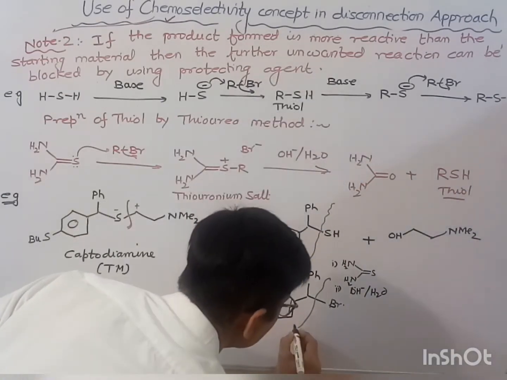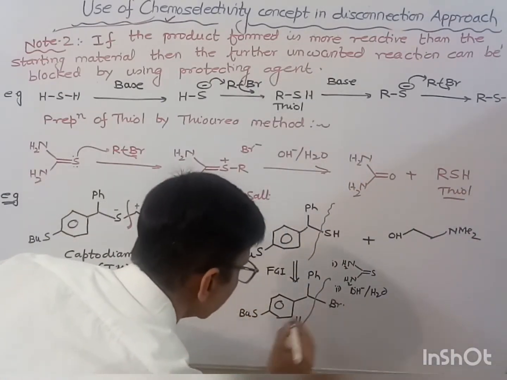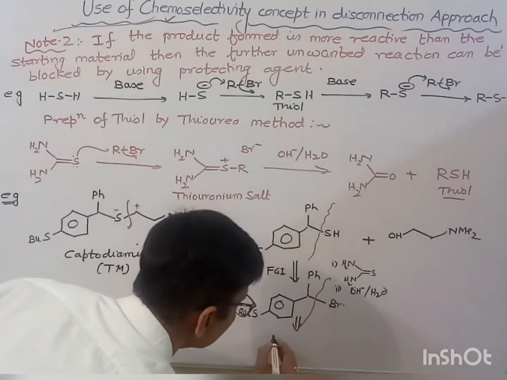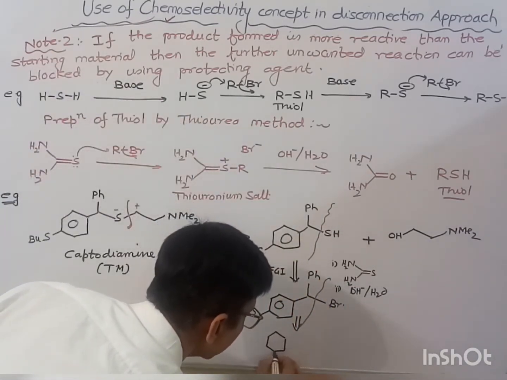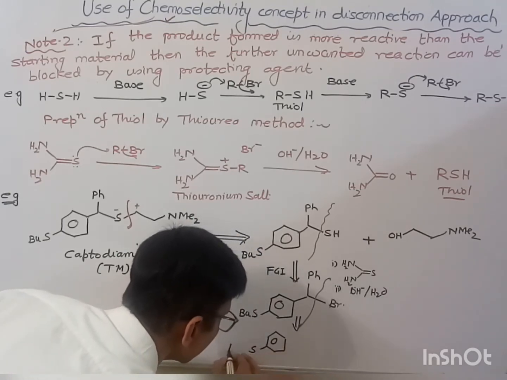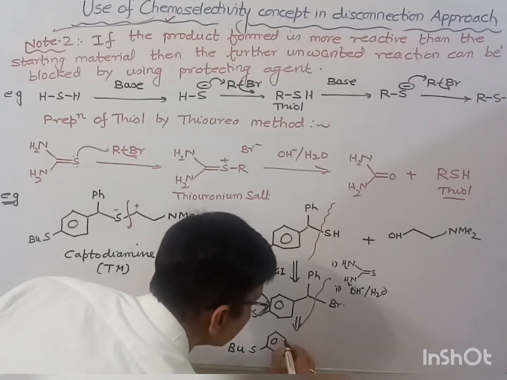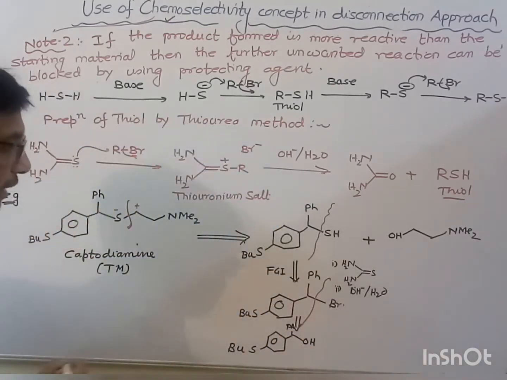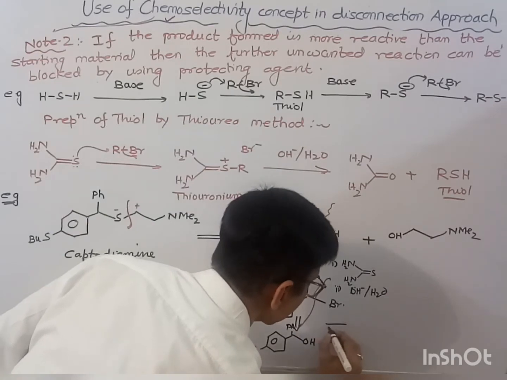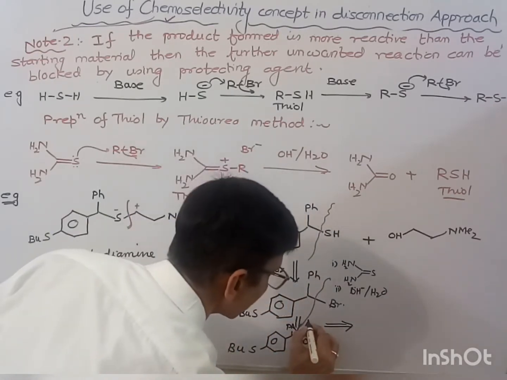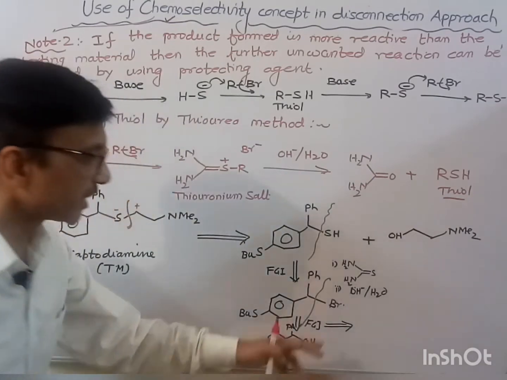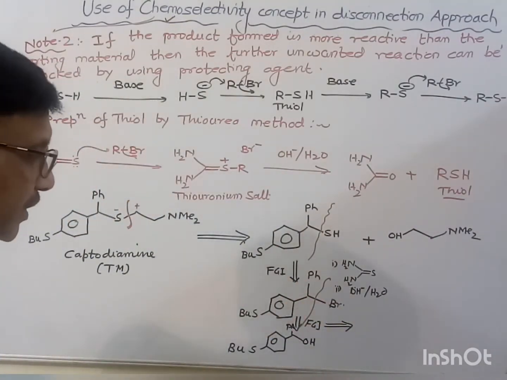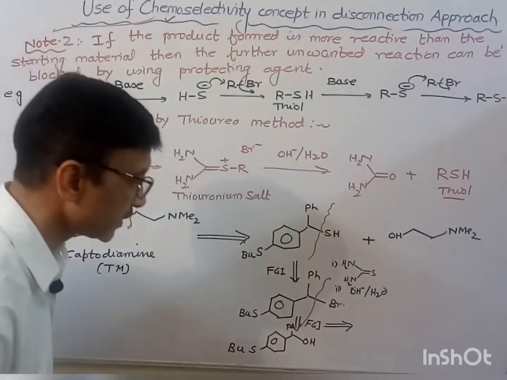Now further, suppose we convert it into the OH, and OH can be converted into the bromide. So I can write OH, and now further we can do the FGI. Here I have done the FGI, and OH can be converted into bromine in presence of, suppose, PBr5.